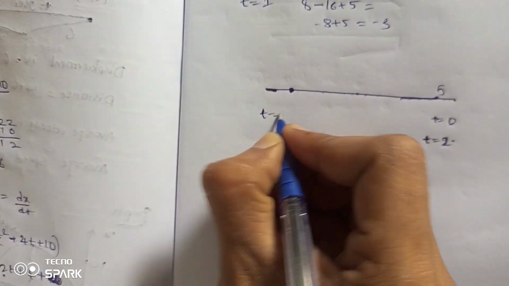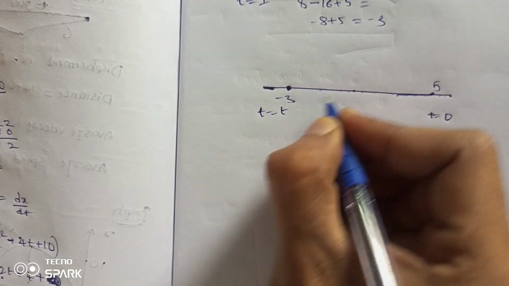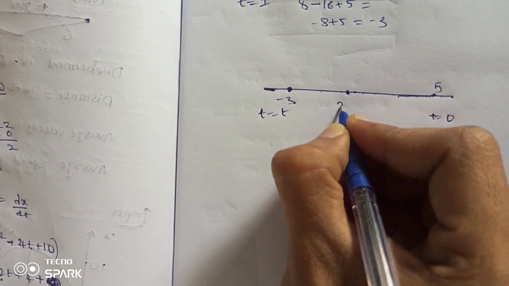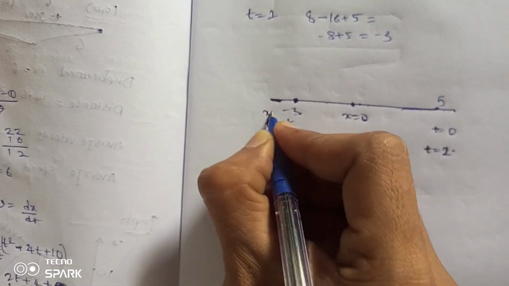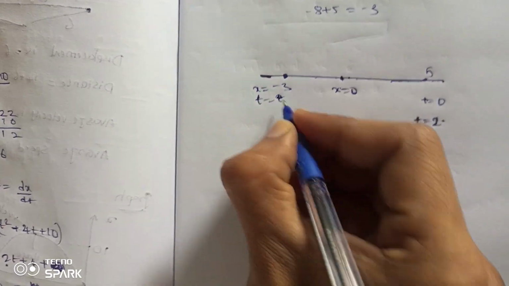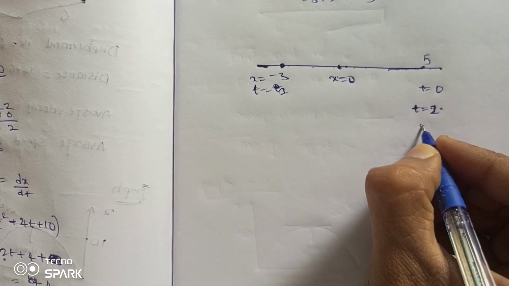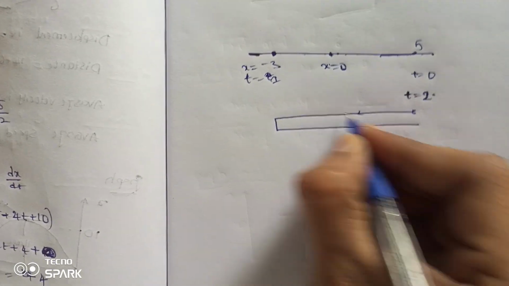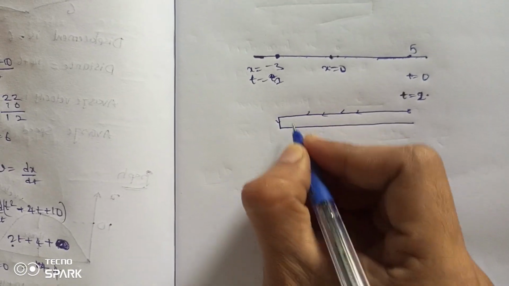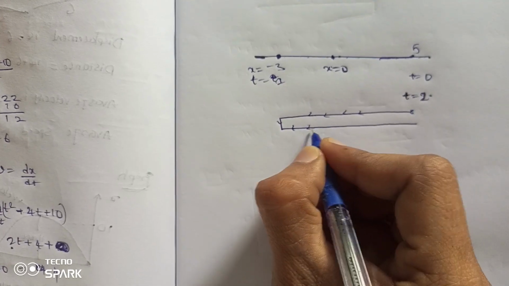At t equal to 1 second, the position is minus 3. The man travels to minus 3 and returns back to the same position. It is a turning point.